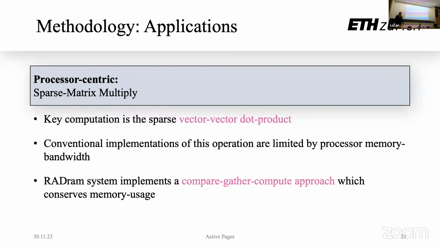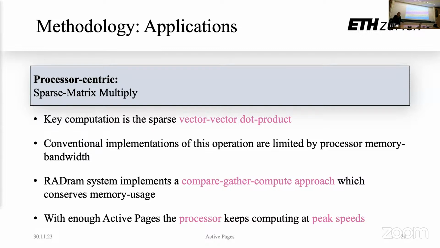As you can see, only useful data travels between the memory and the processor, and that significantly reduces the memory bandwidth usage. For large enough matrices, we can find that the processor runs at peak speed because we utilize enough active page functions.